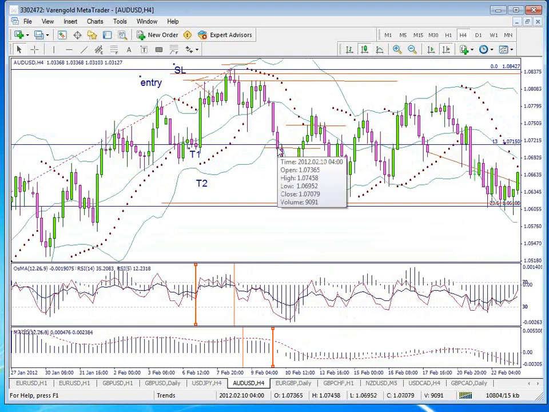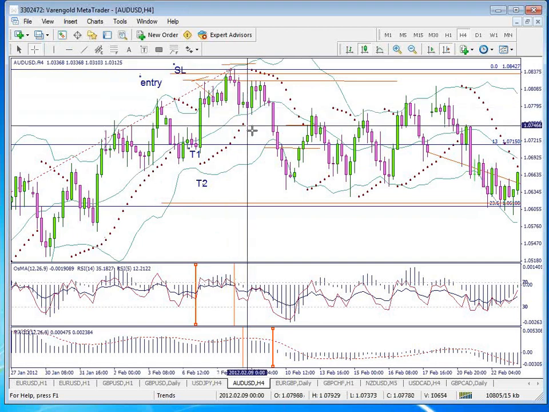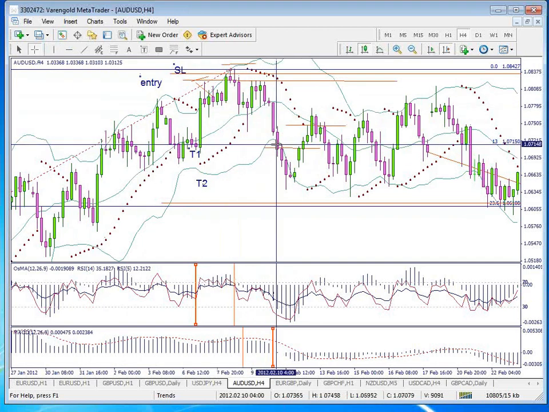Here, at the 13 Fibonacci level, it was a sign that the pair will go in the up direction, but it was not confirmed.